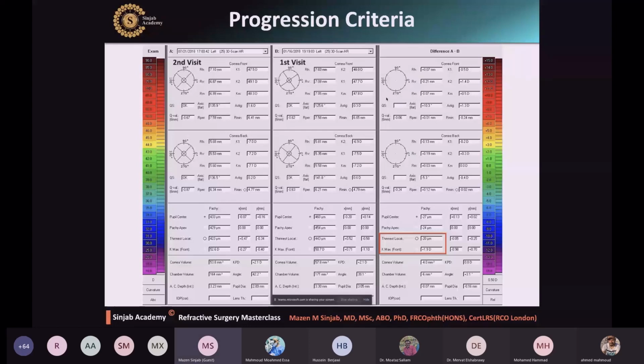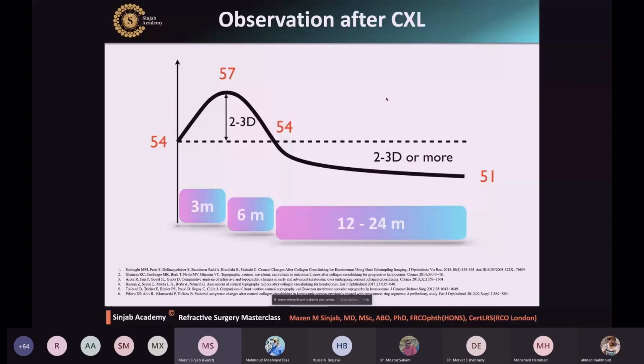Now we come to the last thing, which is observation after cross-linking, because this is where many physicians may make mistakes, let's say. As you see here, during the first 3 months after cross-linking, the K readings will jump up, normally 2 to 3 diopters.